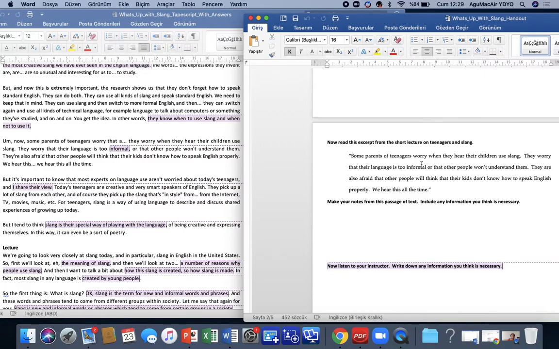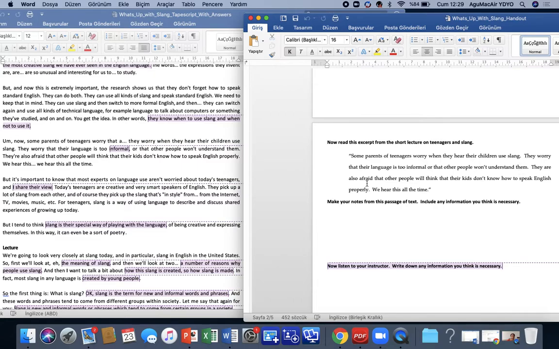Some parents of teenagers worry when they hear their children use slang. So maybe you can say some parents worry when their children use slang. They worry the language is too informal and other people won't understand them. Maybe you can summarize this, you can write this shorter.